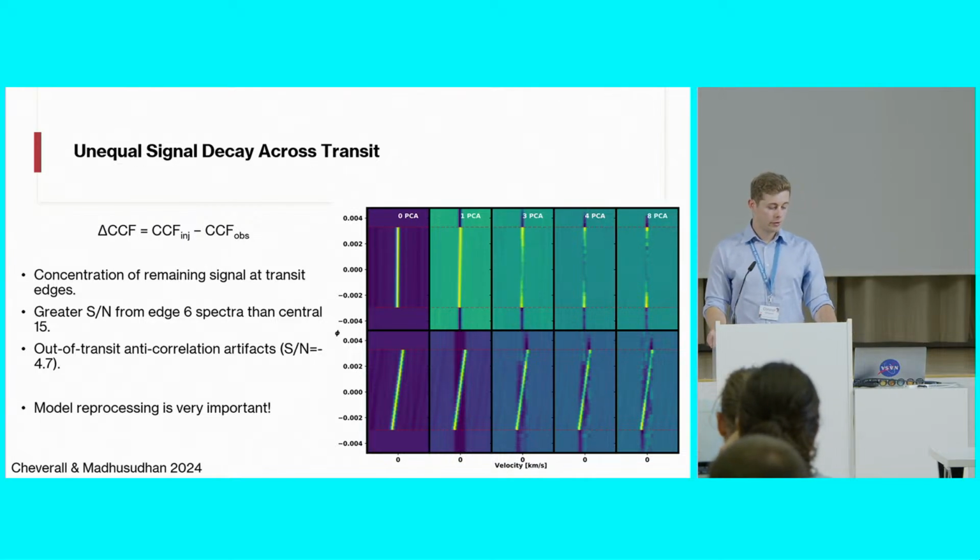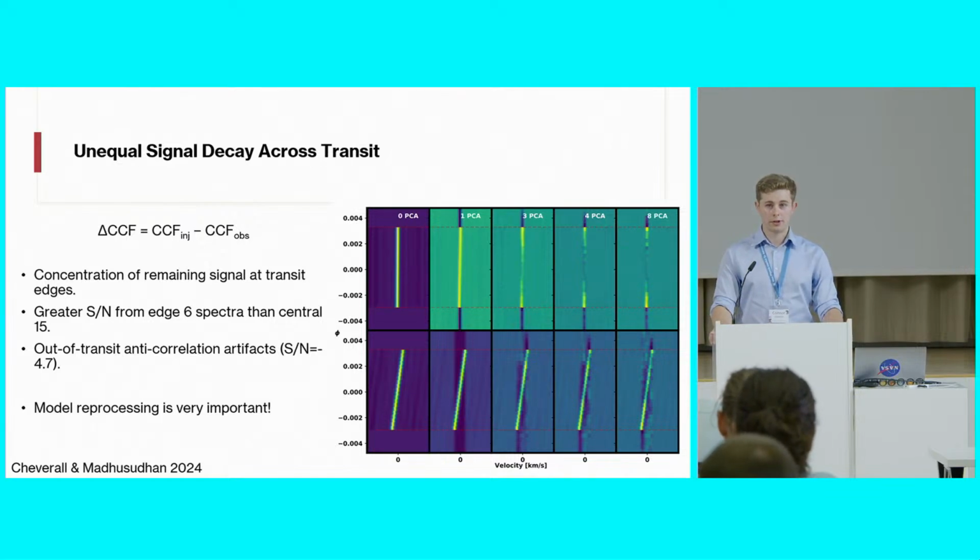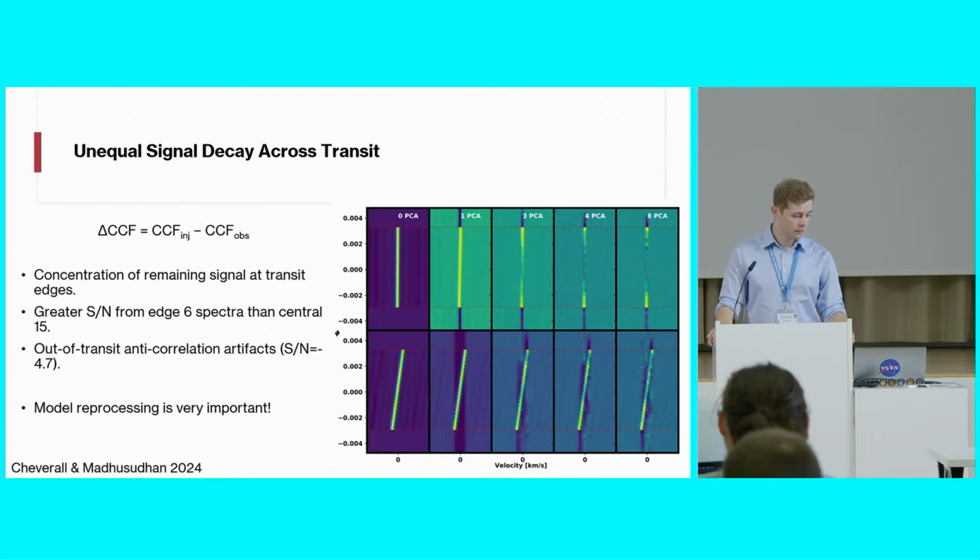The first, to account for this phase dependence in the remaining signal after PCA, which is particularly important if you want to do things like phase resolved spectroscopy and start drawing conclusions about different regions of the terminator or the 3D structure of the atmosphere. And secondly, to make sure that we capture all this signal. We can't really afford to waste any signal for these cool small planets.